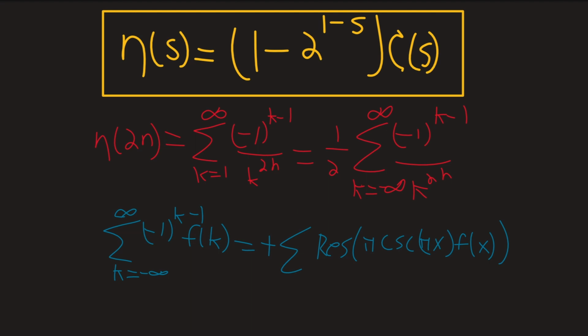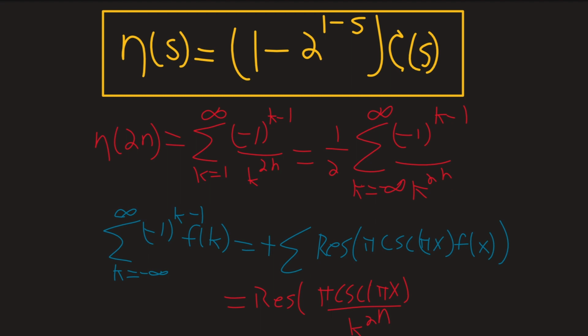To evaluate this series, we can simply find the residues of pi times the cosecant of pi x, where f of x is just 1 over k to the 2n, because that's what we have there.